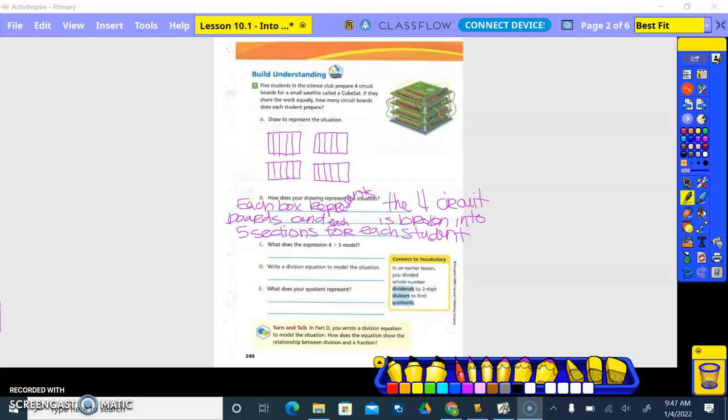So basically that's 4 circuit boards divided among 5 students.